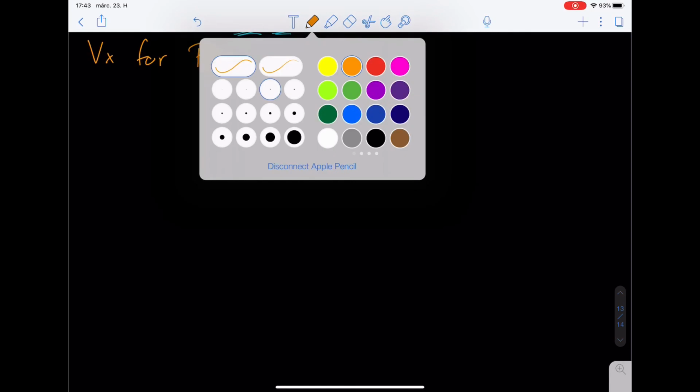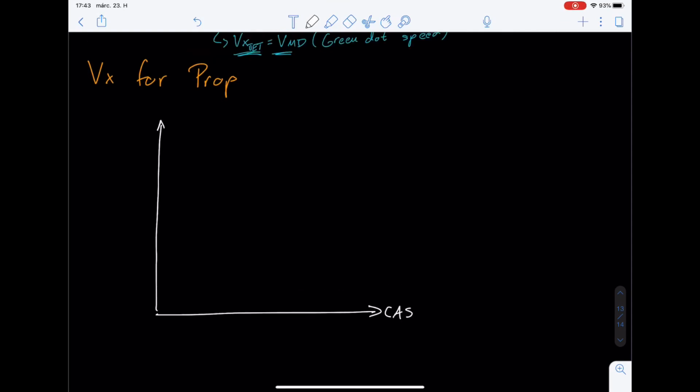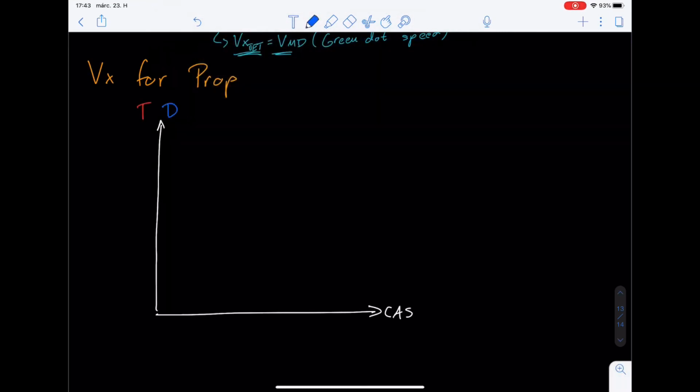So let's plot the same values. We are going to have the thrust and drag curve of the propeller-driven aircraft as a function of the calibrated airspeed. So let's use the red for the thrust and the same color, so the blue, for the drag.